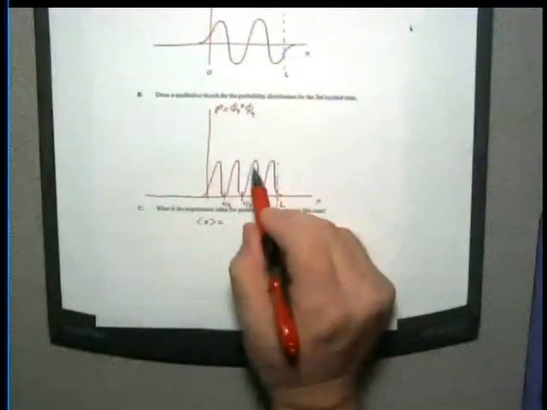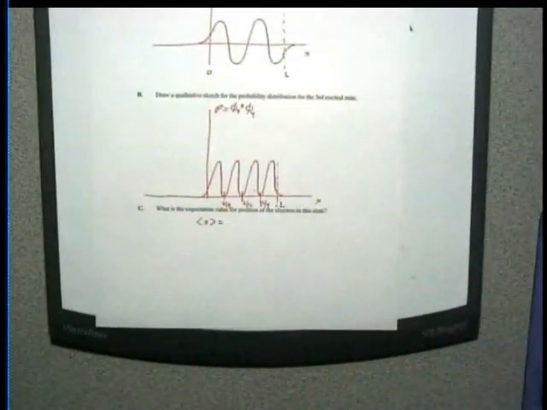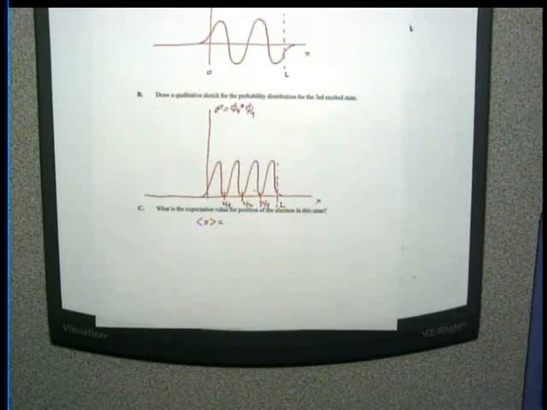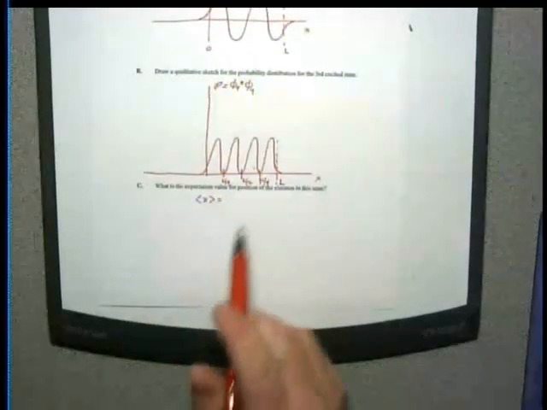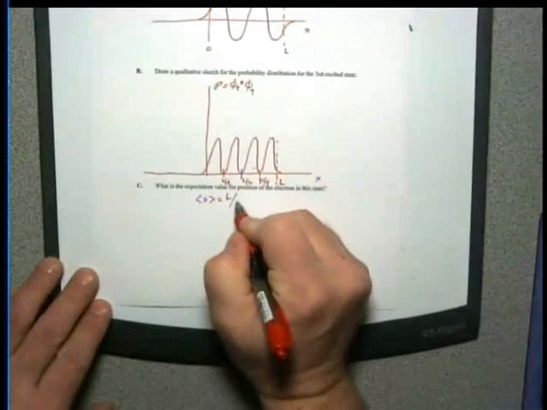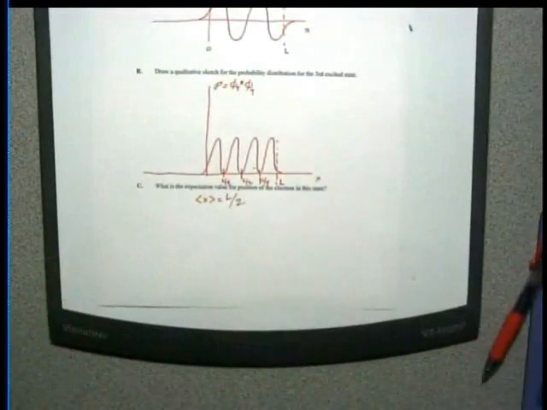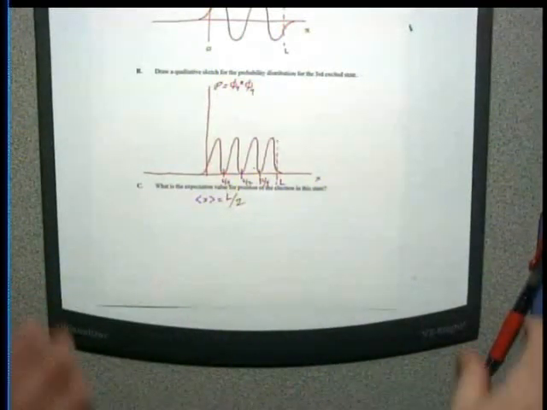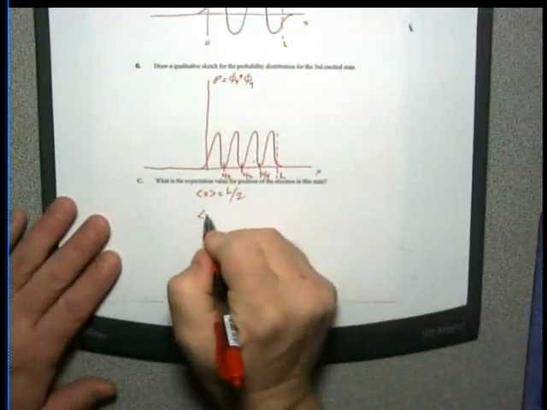So this peak in here has about a quarter between L over 2 and 3L over 4, at least as an approximation. The graph has a lot of information if you learn to read the graph. And you don't have to do advanced math to do it. What's the average location? L over 2, by symmetry. I don't need to do it, but feel free to go ahead and work this problem like this.